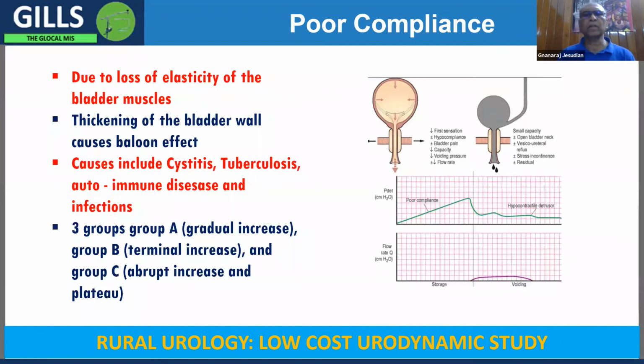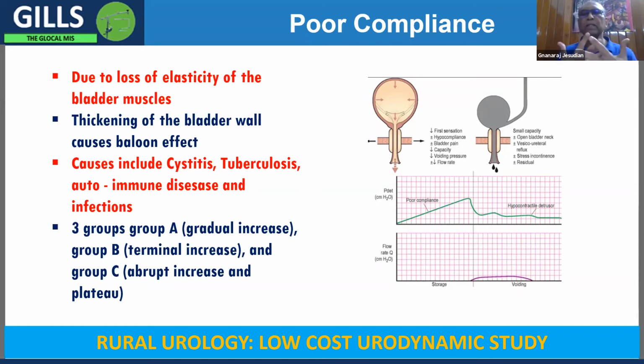And then another important thing to note is the compliance. Normally, as we said earlier, the muscle fibers are arranged in such a way that when the bladder capacity increases from about 150 ml to 350 or 400 ml, there's hardly any rise in the bladder pressure. This is unlike a balloon, where with the increase in volume, the pressure increases.